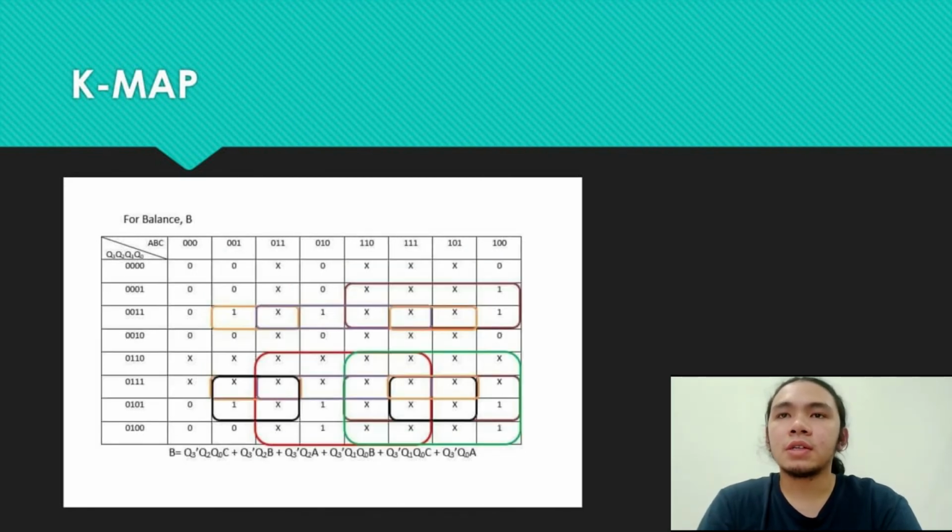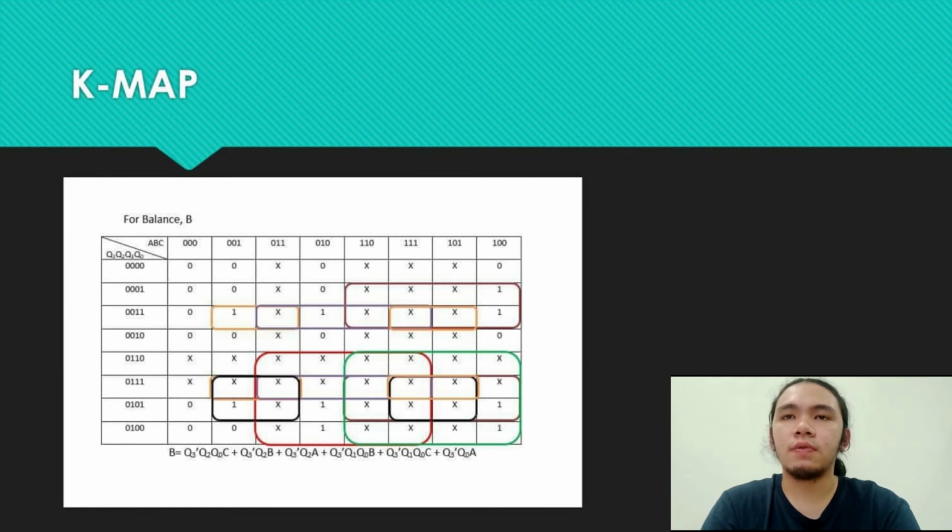Then, for the last K-map, which is the balance K-map, we do the same thing by filling the table first. After that, the circles in this picture will also be determined using a generator. For this balance K-map, there are six colors representing six circles only.